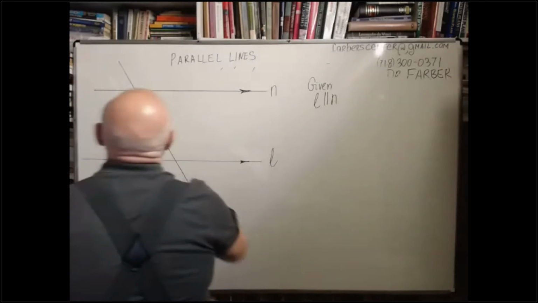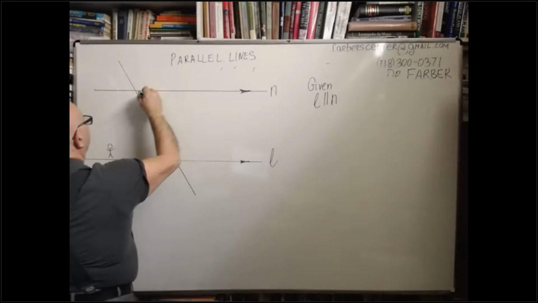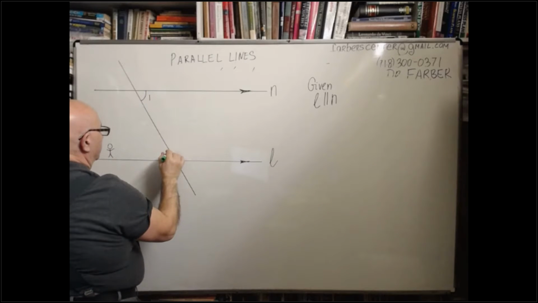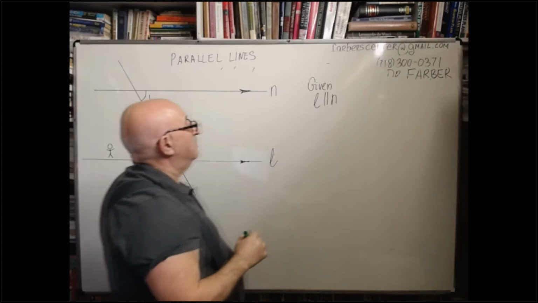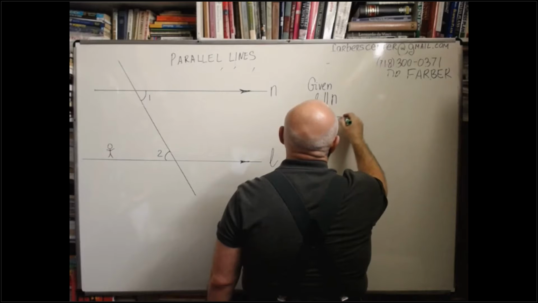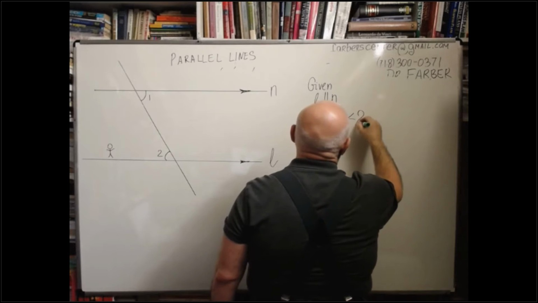And I put these two angles. For instance, this angle 1 and angle 2. And they have a name and property. Angle 1 equals angle 2.